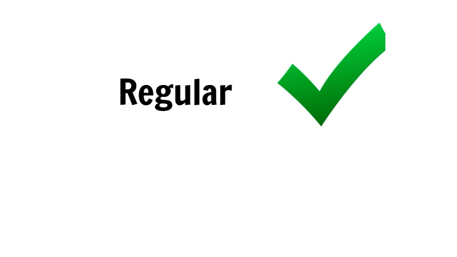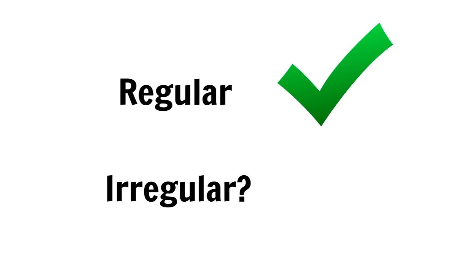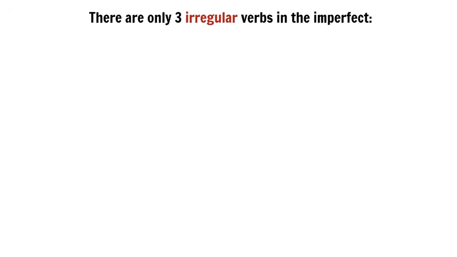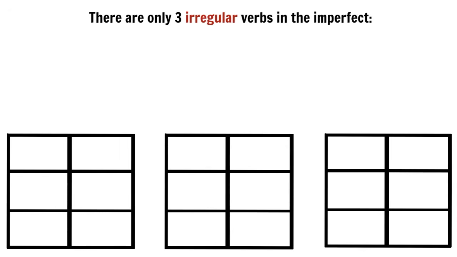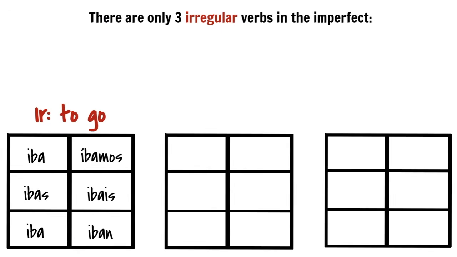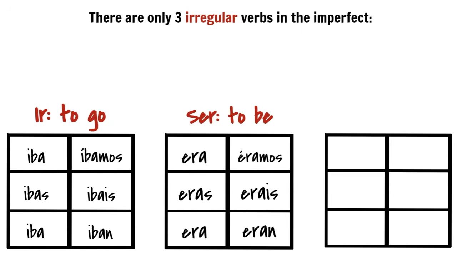So we have our normal rules and steps. What about irregulars? Luckily, there are only 3 irregular verbs in the imperfect in Spanish. For ir, the imperfect is iba, ibas, iba, íbamos, ibais, and iban. For ser, the imperfect is era, eras, era, éramos, erais, and eran.